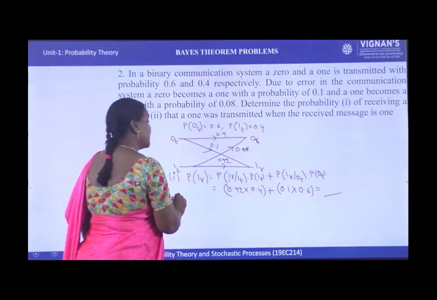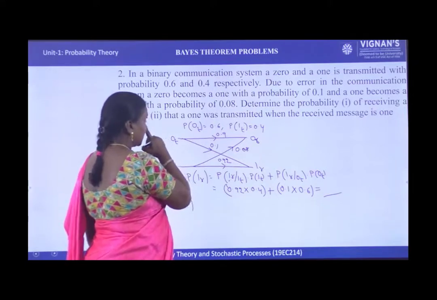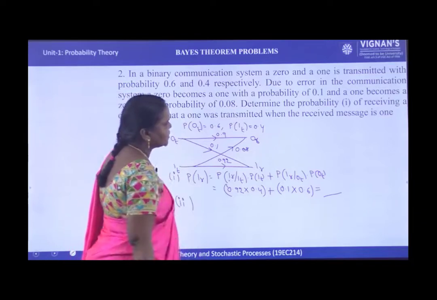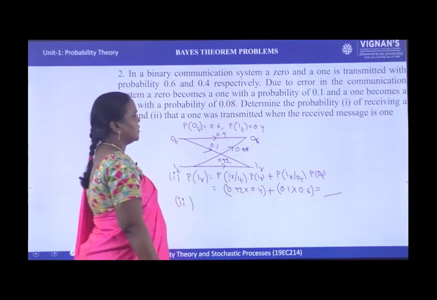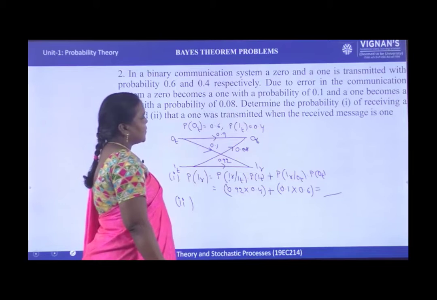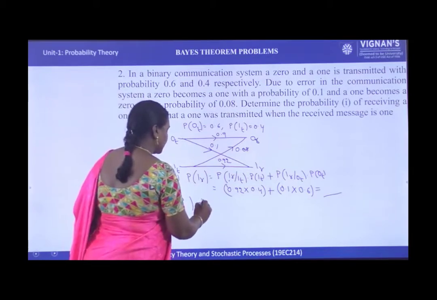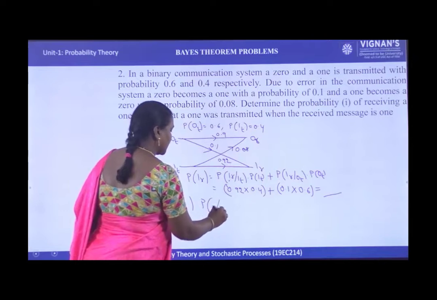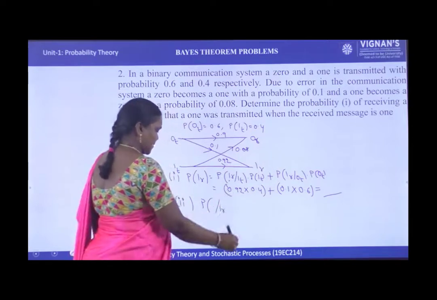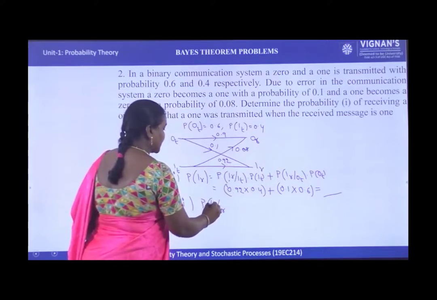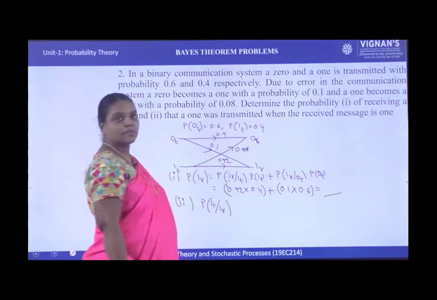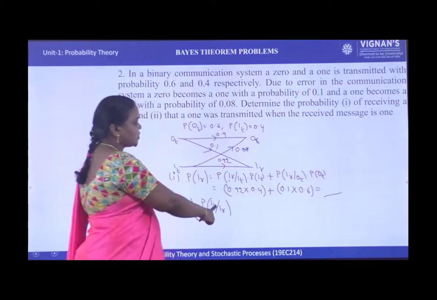And what is the second bit? A 1 was transmitted when the received message is 1. That is, if it is received as 1, what is the probability it transmitted 1? So this is conditional probability.